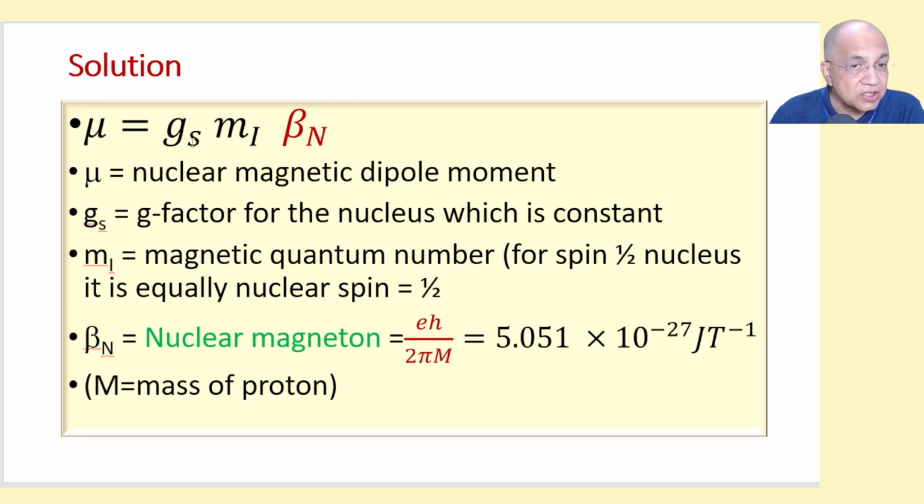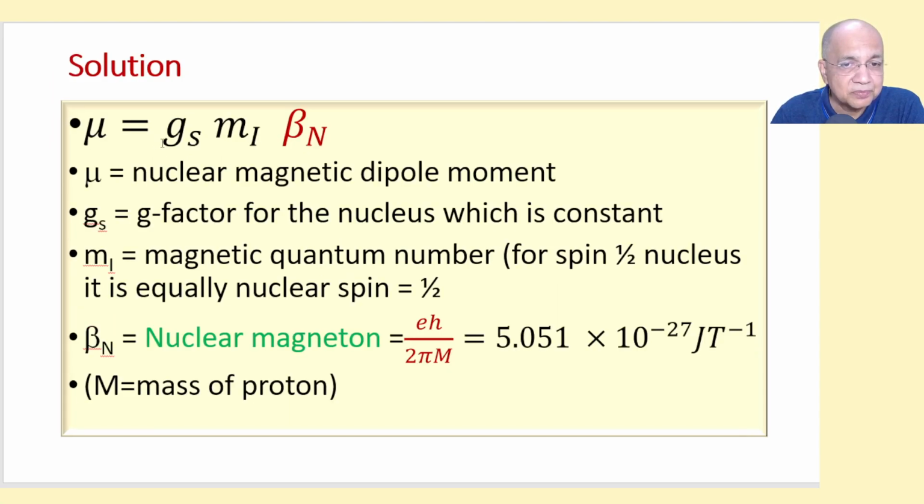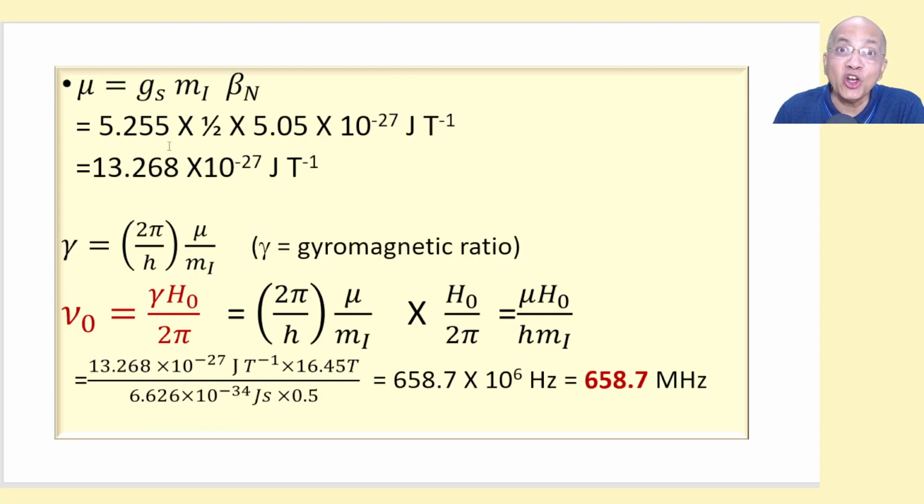Now gS is the g factor given, and mI is half for fluorine-19. So let us calculate. This is the g factor, 5.255. The g factor is a unitless magnetic moment.